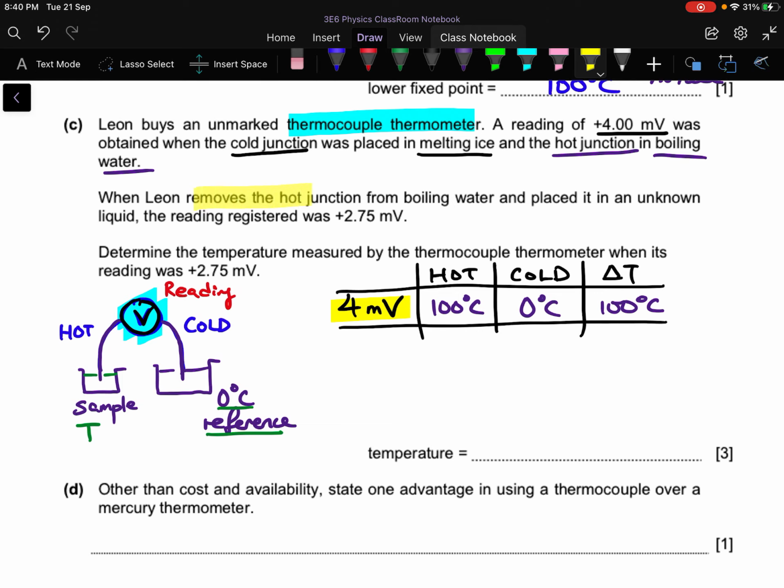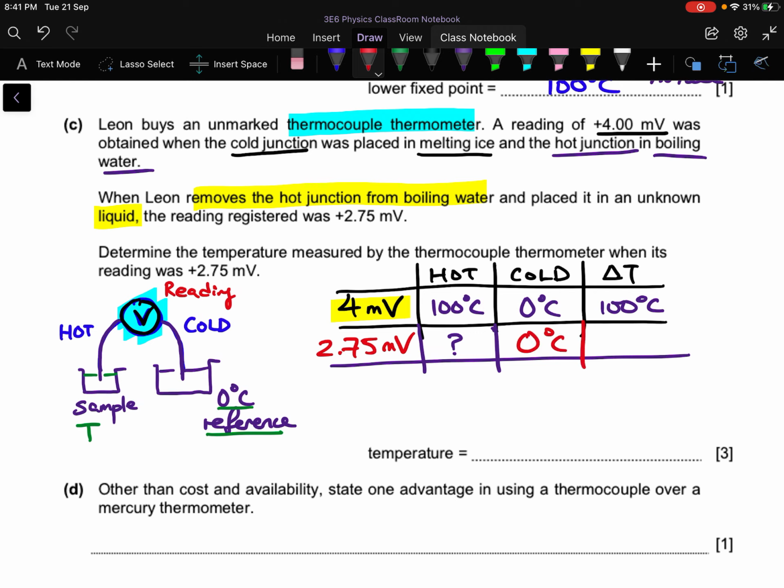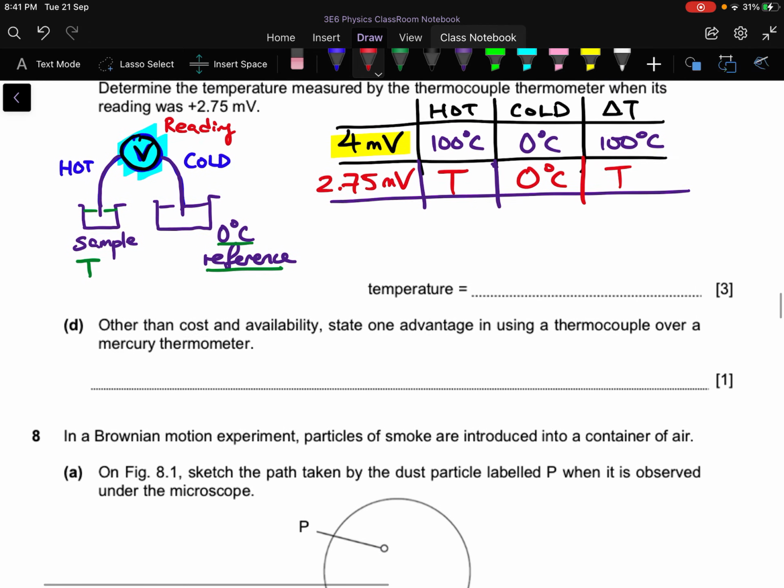Then I remove my hot junction from the boiling water and put it into something unknown, and I register 2.75 millivolt, and my cold junction is still in ice. If I call this unknown T, then my temperature difference will be T minus 0.